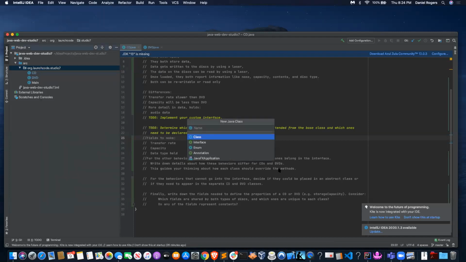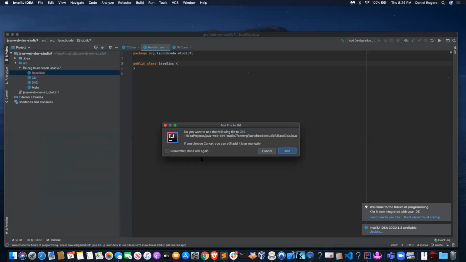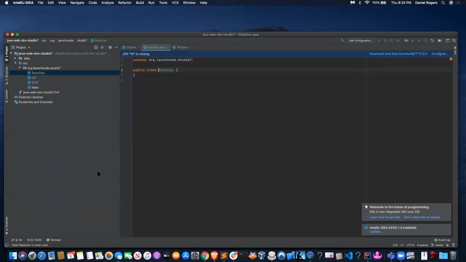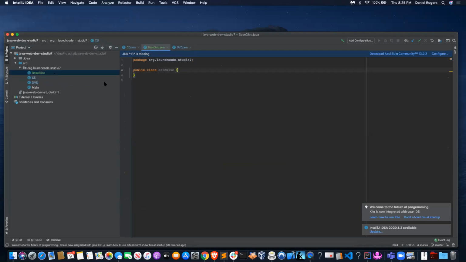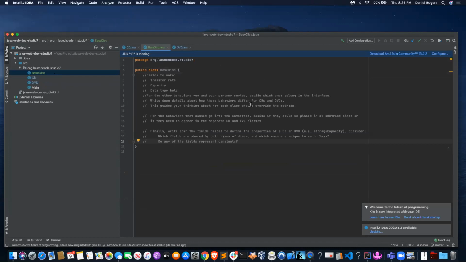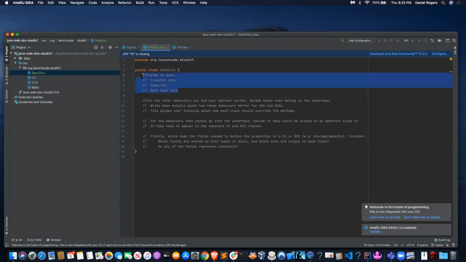New Java class, BaseDisk. Okay. Decide which ones belong in the interface, write down details about how these behaviors differ for CDs and DVDs.